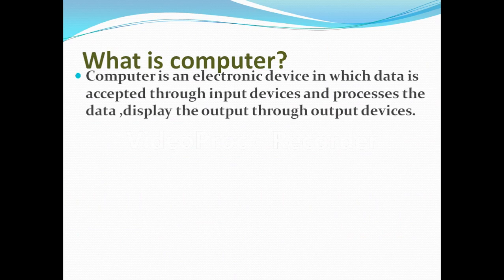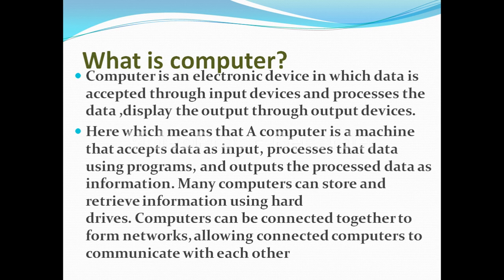A computer is an electronic device in which data is accepted through input devices, processed, and the output is displayed through output devices. Which means that a computer is a machine that accepts data as input, processes that data using programs, and outputs the processed data as information.